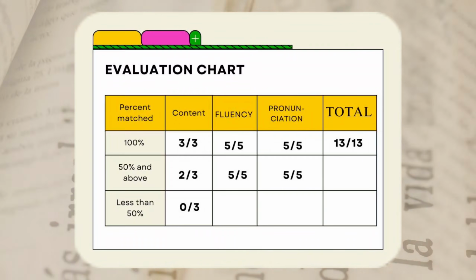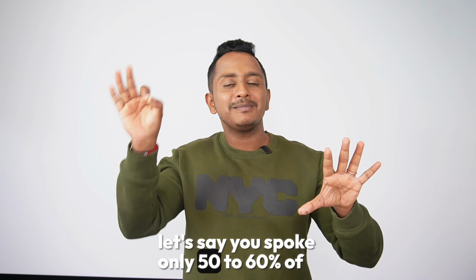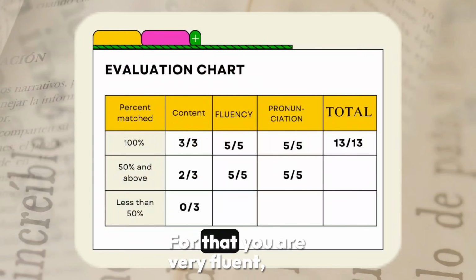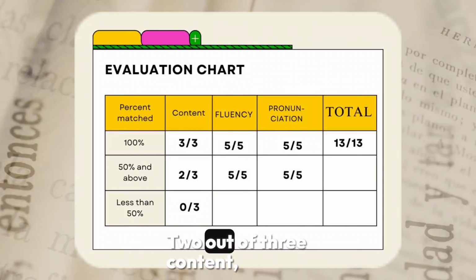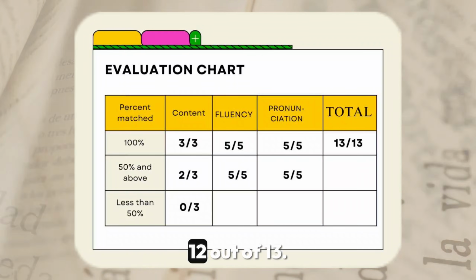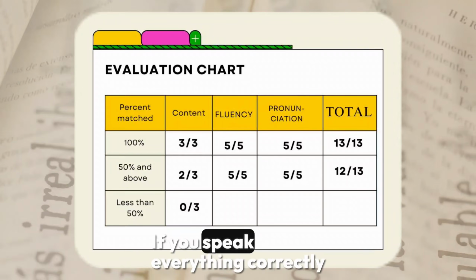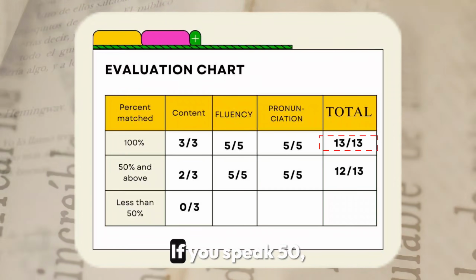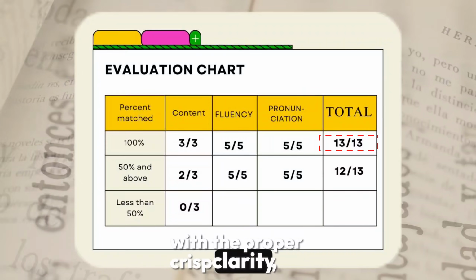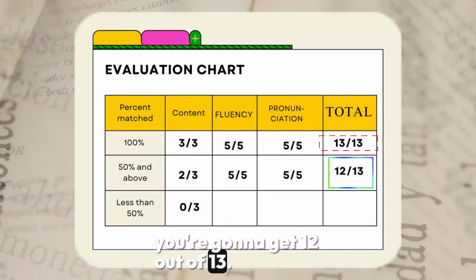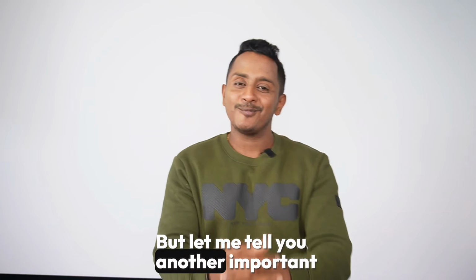But over here, let's say you spoke only 50 to 60% of the content correctly. For that you are very fluent, meaning 5 out of 5 fluency, 5 out of 5 pronunciation, 2 out of 3 content, 5 plus 5 plus 2, 12 out of 13. If you speak everything correctly, it is 13 out of 13. If you speak 50-60% correctly with a proper fluency, with a proper crisp clarity, you're going to get 12 out of 13. But let me tell you another important thing.